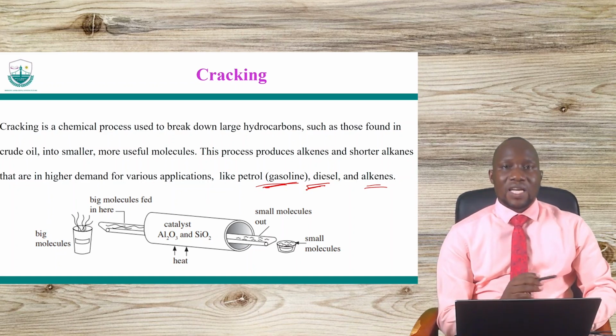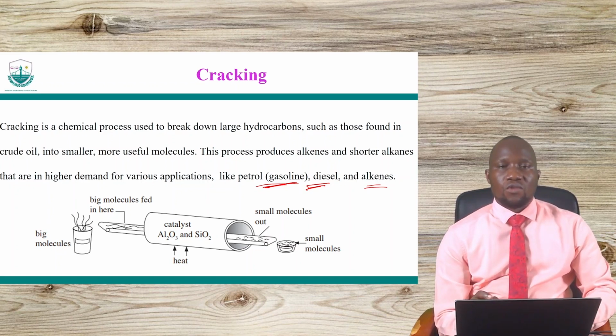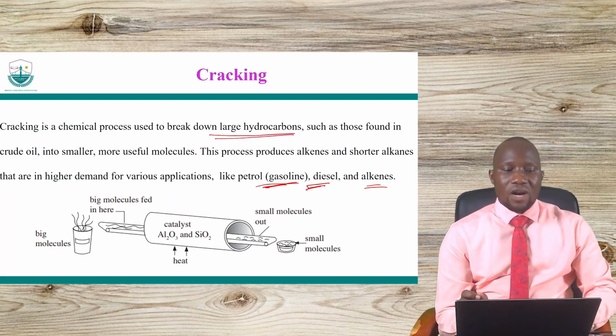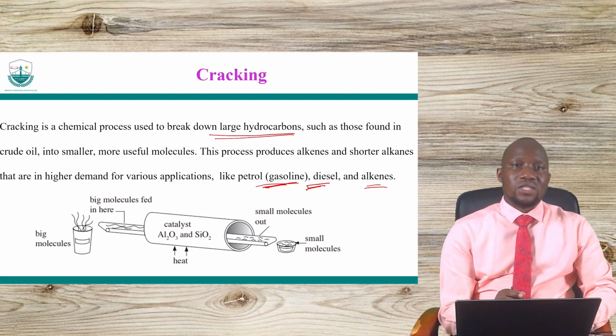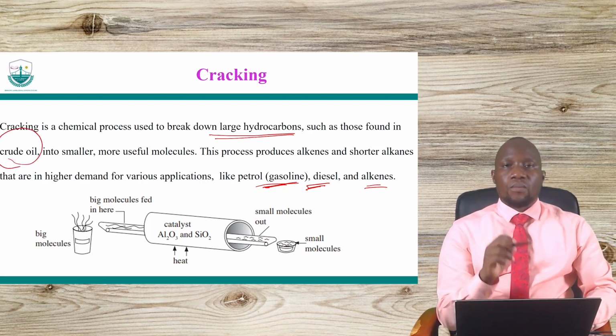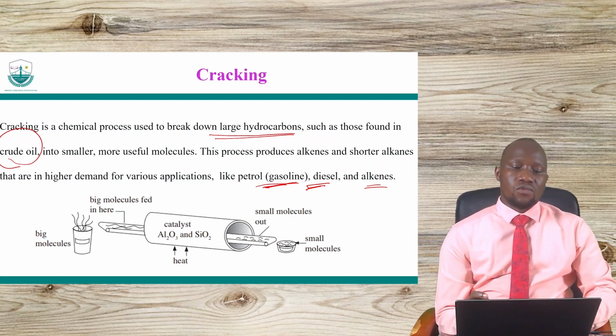If we ask you about the definition of cracking, we are saying that it is the process of breaking down large hydrocarbons that are found in crude oil to produce smaller useful molecules such as the alkenes and some alkanes.